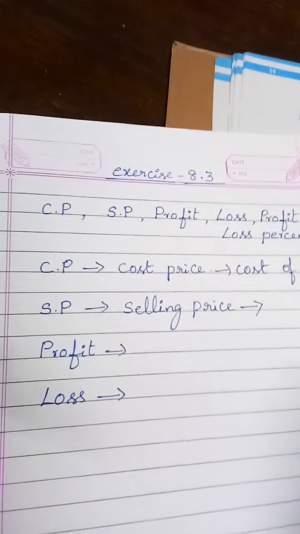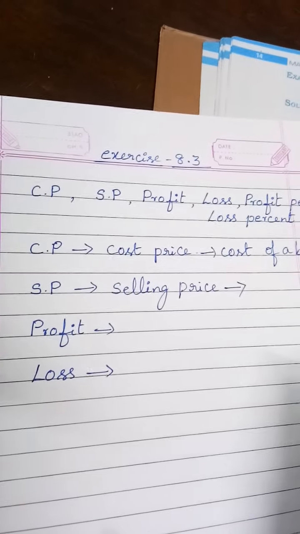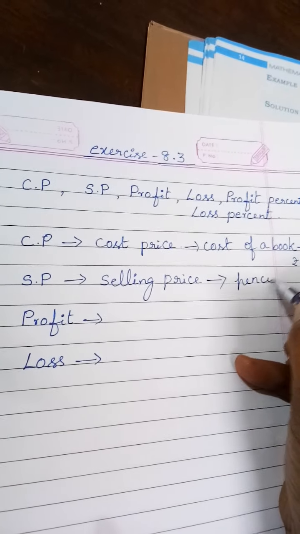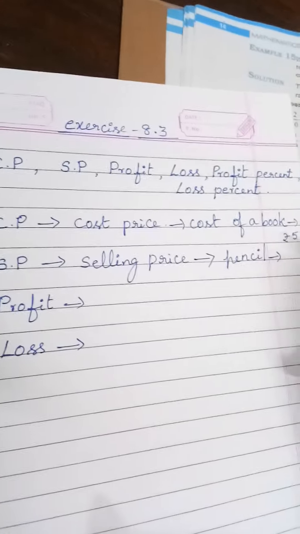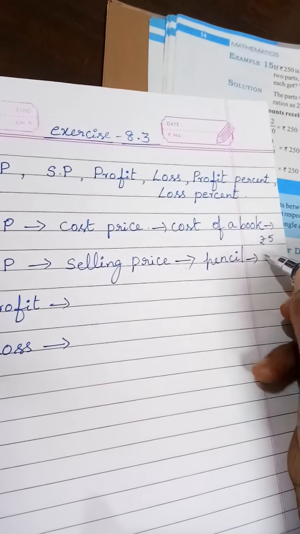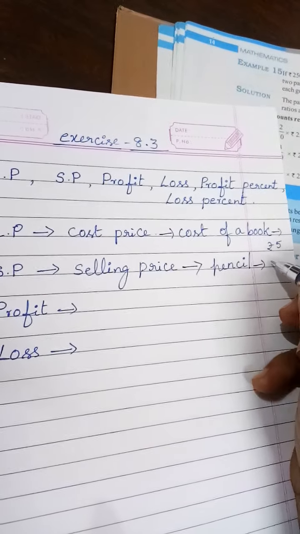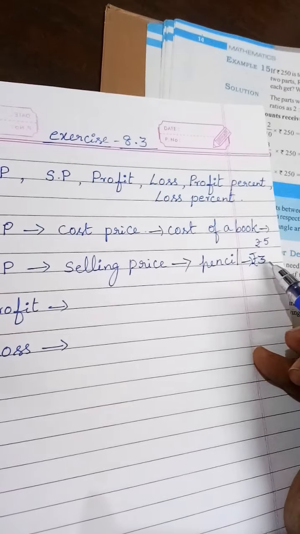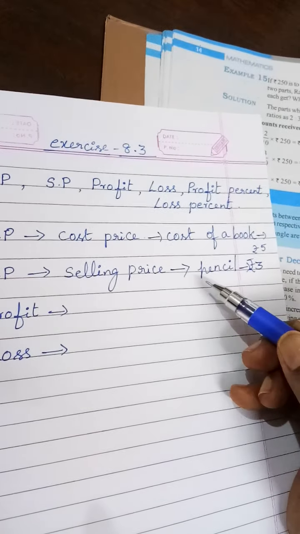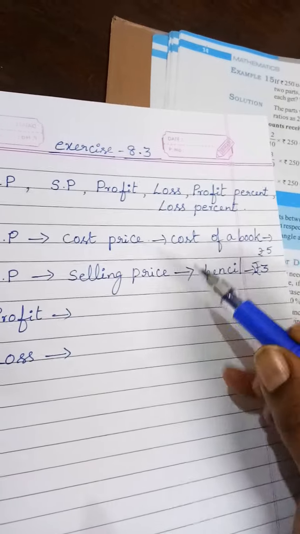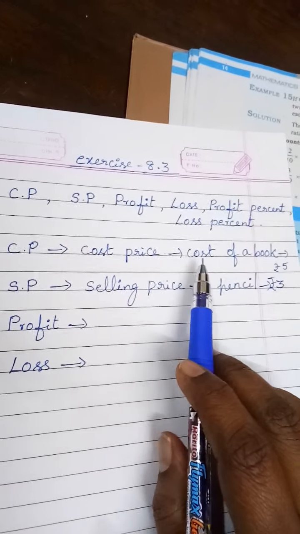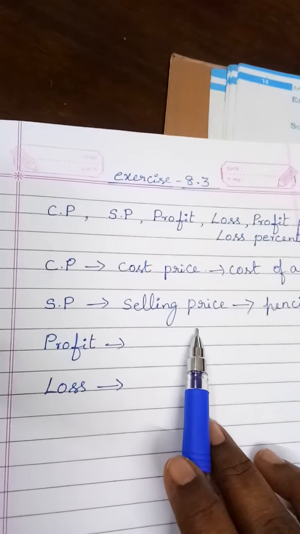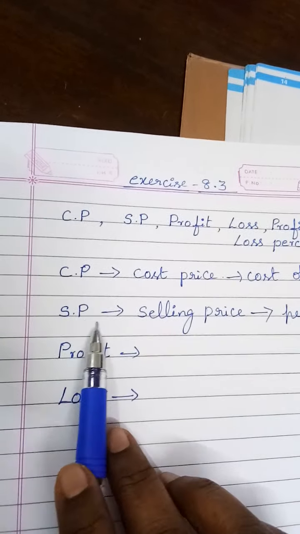For example, if you are selling a pencil, the selling price of that pencil is, for example, 3 rupees. So the price at which you sell is the selling price, and the buying price of any item is the cost price. CP means cost price and SP means selling price.